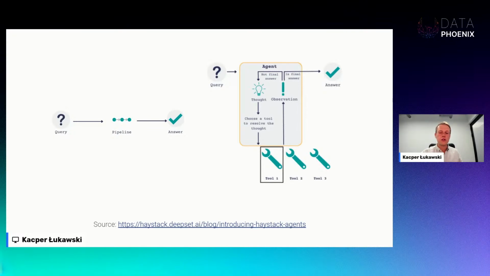They might be choosing different tools to extract some useful pieces of information. They might also be using some pipelines under the hood to perform more complex processing. But basically, they have some observation, they have some thoughts, and they choose tools based on those thoughts just to provide the final answer. So this is more complex.